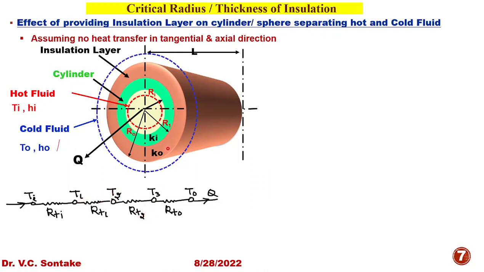RT2 is the conductive thermal resistance offered by the material of insulation between the temperature T2 and T3, and RTo is the convective thermal resistance offered by this cold fluid film to the heat transfer rate Q between the temperature T3 and To.